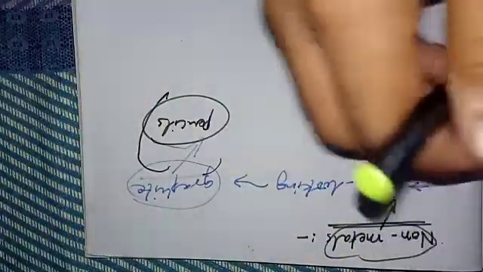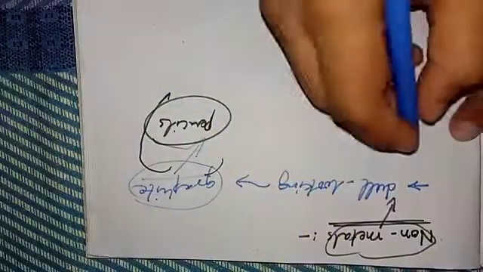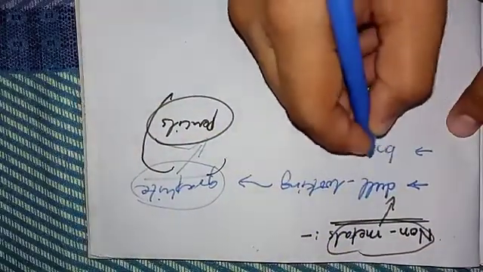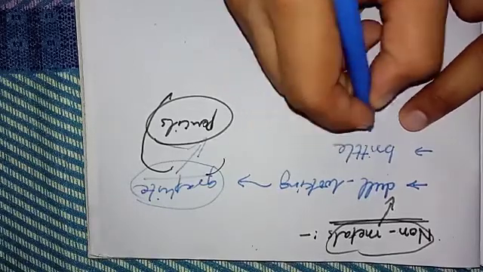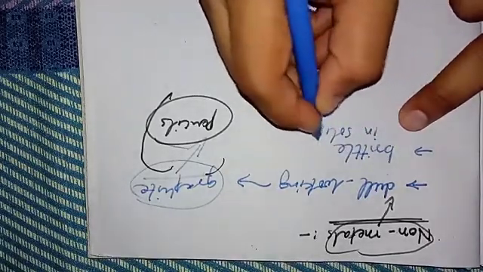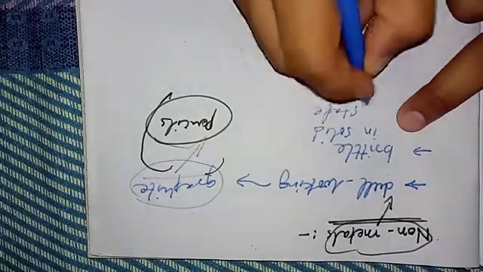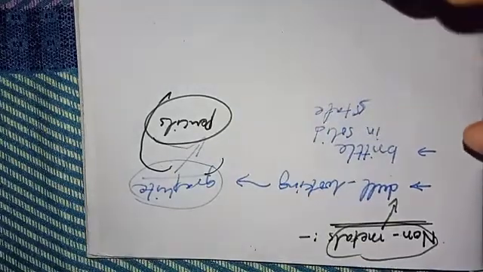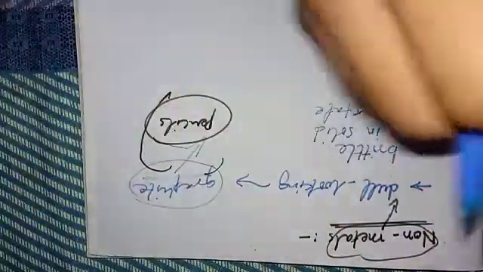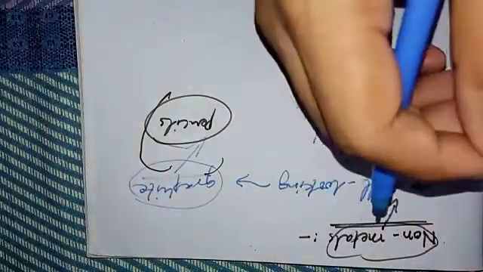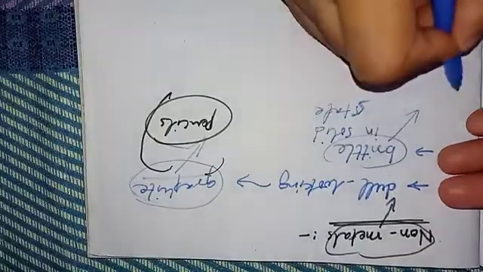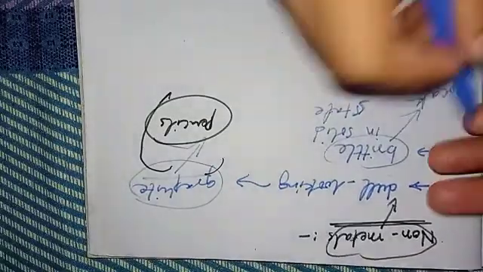So they are dull looking, they are brittle in solid state. Although majority of them are not found in solid state, they are either gases or liquids. But if we get some non-metals in the solid state, they are brittle in nature. Brittle means very fragile or weak, not strong.